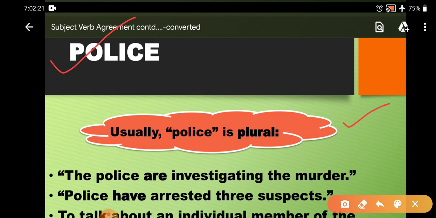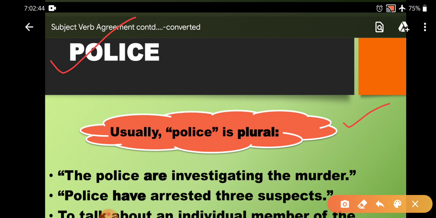Now these days when we read newspaper, I don't think there would be any newspaper without any news about the police, right? Because there is so much crime everywhere. So newspapers write it like this only: the police have arrested so and so.